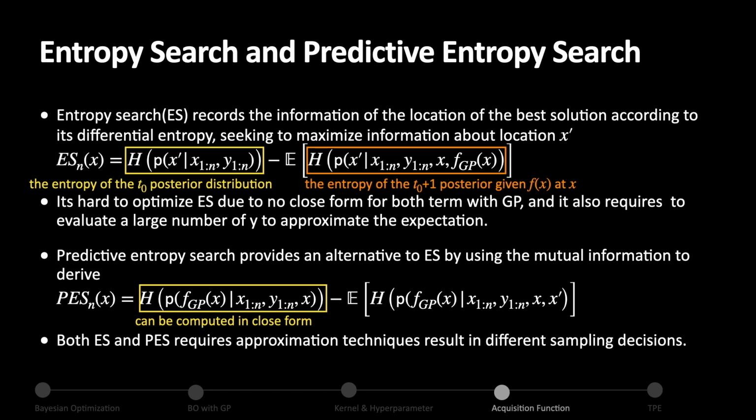But the next term, the minus expectation of the entropy of the probability of f_GP of x given our data and x star, could not be easily estimated. Both ES and PES require approximation techniques, resulting in different sampling decisions.